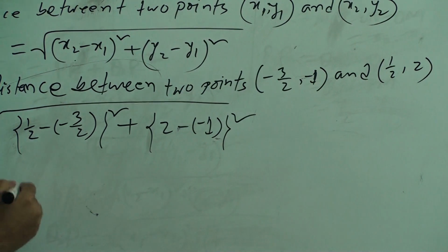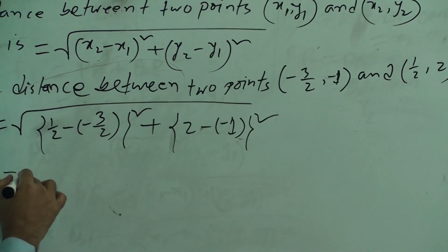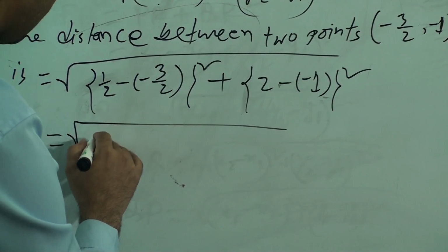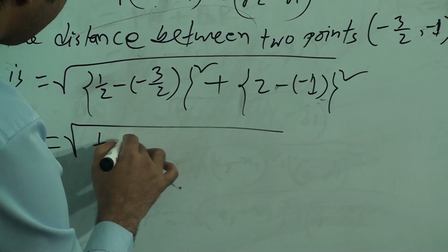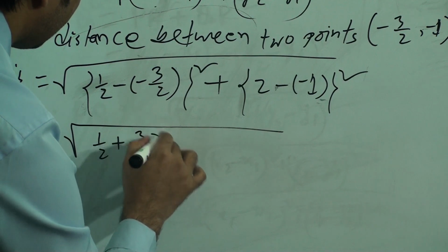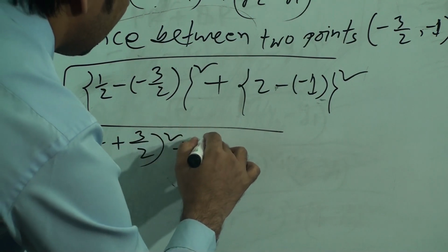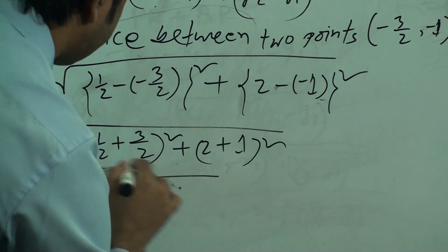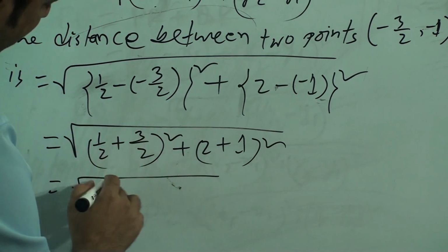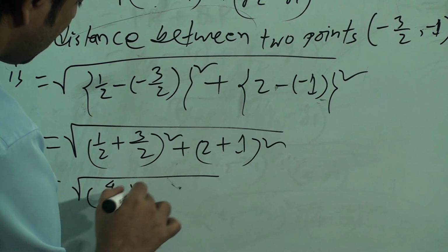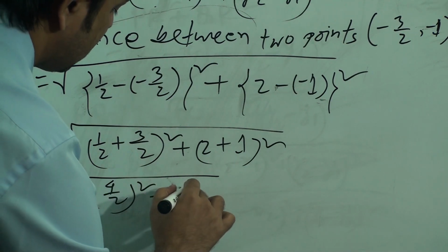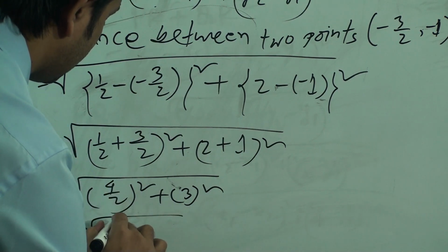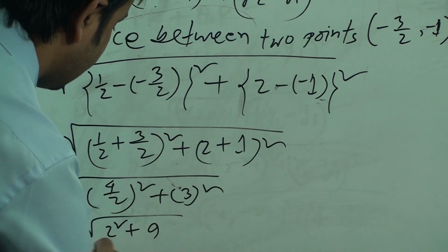Now if we calculate, what will we get? We'll get half plus 3/2 whole square plus 2 plus 1 whole square. If we add these 2, we'll get 4/2 whole square plus 3 whole square. What does it mean? 4/2 means 2 square, plus 9.